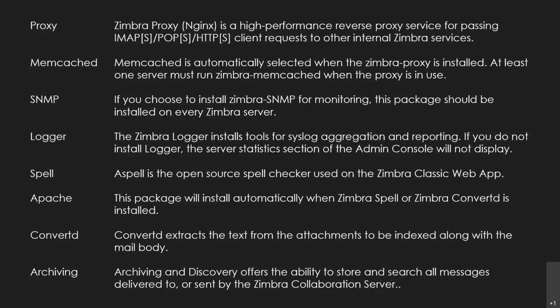For example, we can say the proxy sends a request to the mailbox server. And memcached. Memcached is automatically selected when Zimbra proxy is installed, and at least one server must run memcached when the proxy is in use. Memcached stores the data of previous requests, and it makes the proxy work a bit easier.